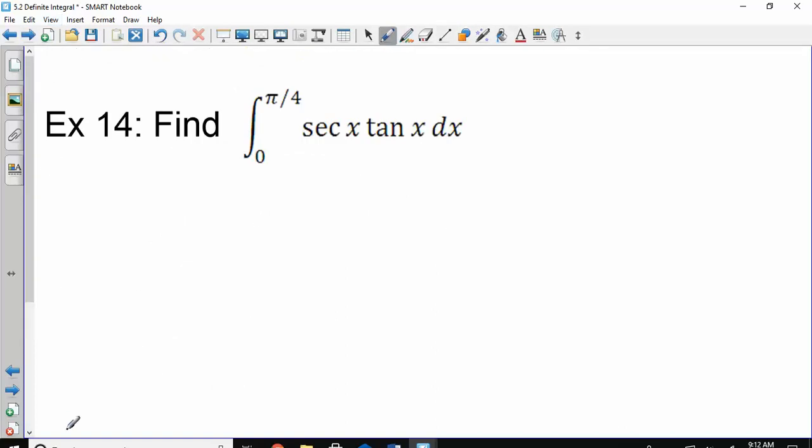What is the antiderivative of secant tangent? Derivative of tangent is secant squared. What has the derivative of secant tangent? Secant. The derivative of secant is secant tangent.